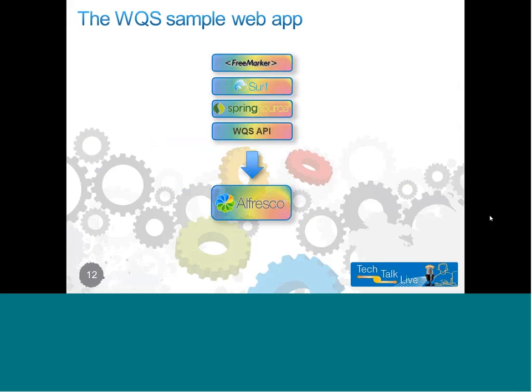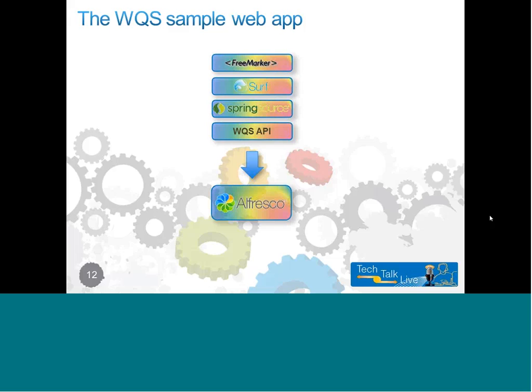It's the API that you see at the 4th box down on this slide, which is written in Java and is agnostic as to which delivery framework you're using. So although this one is Surf, and what I'll describe to you is this website, you don't have to use Surf if you don't want to.